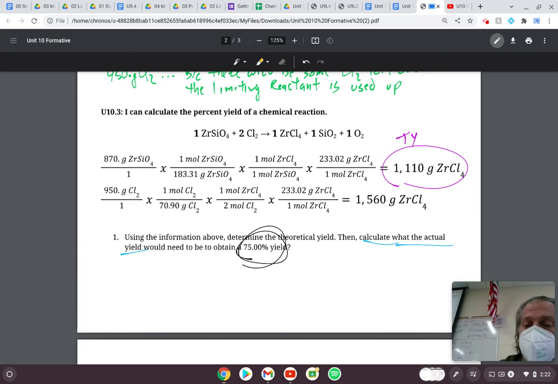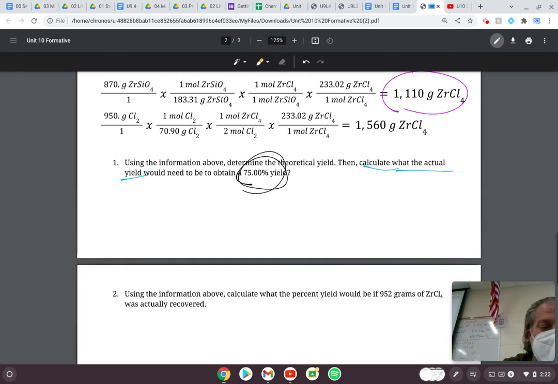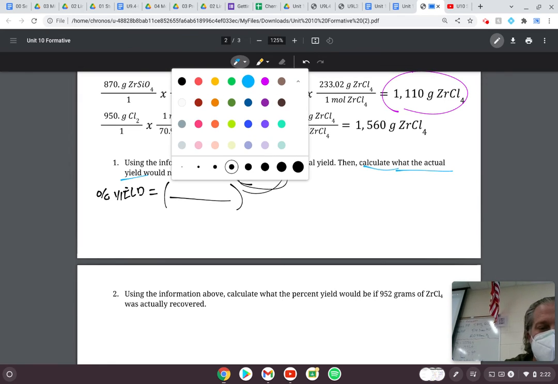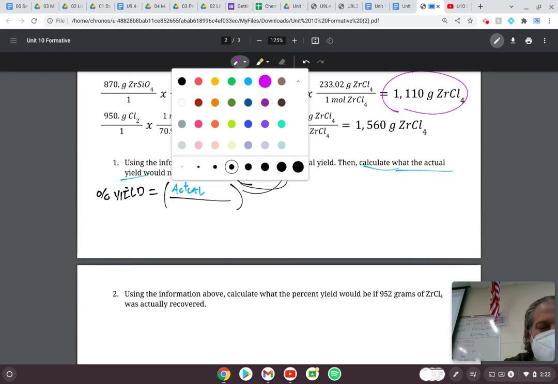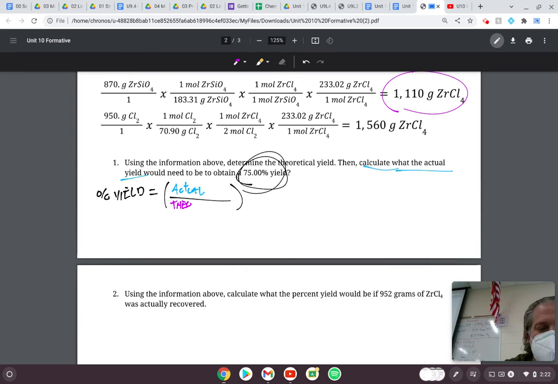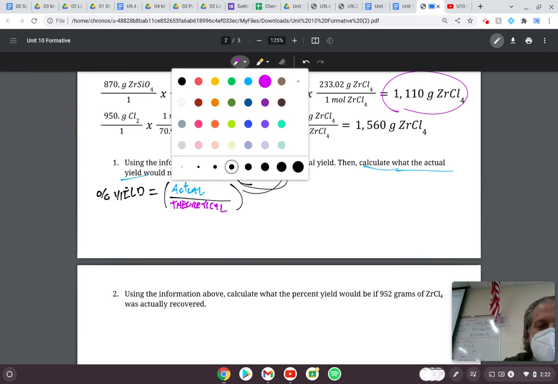So we have to remember that our formula for percent yield is percent yield is equal to actual yield over theoretical yield times 100.